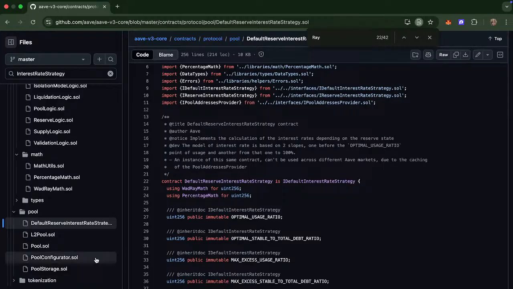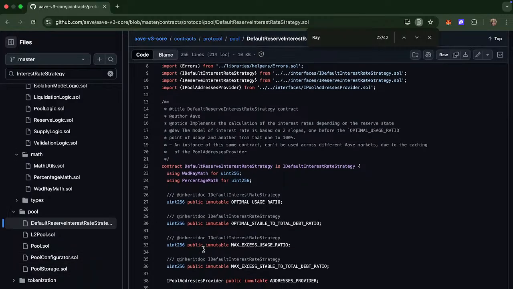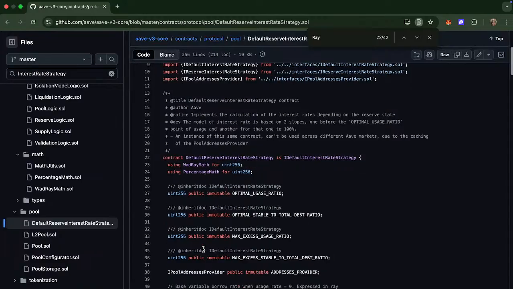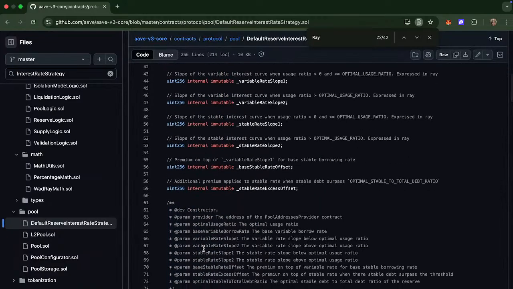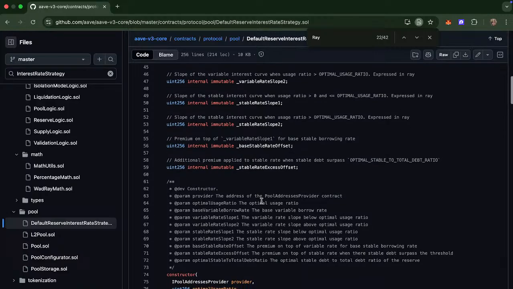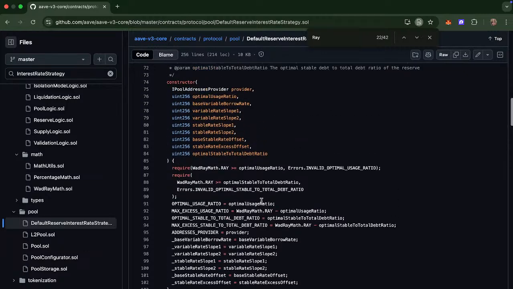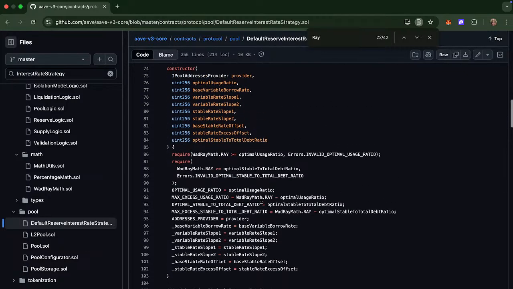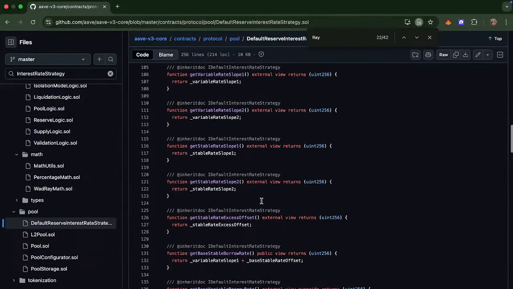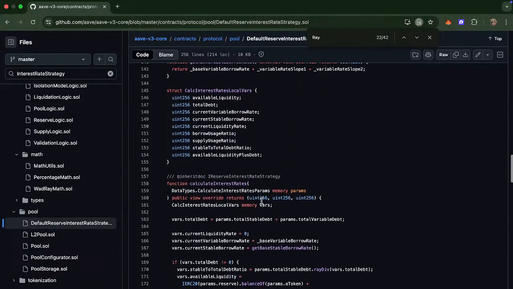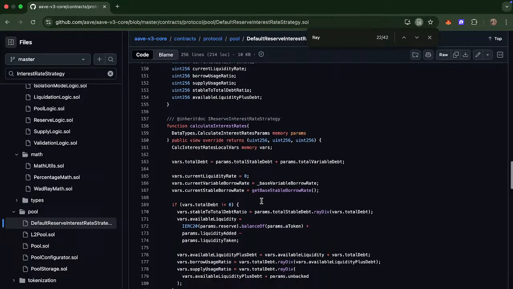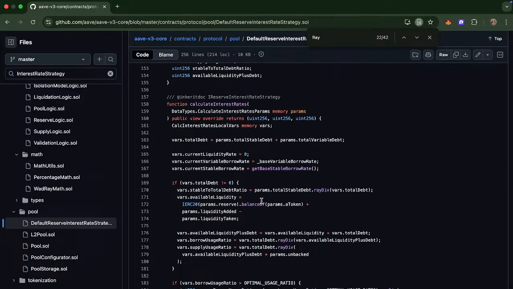What's the point? Calculate the interest.